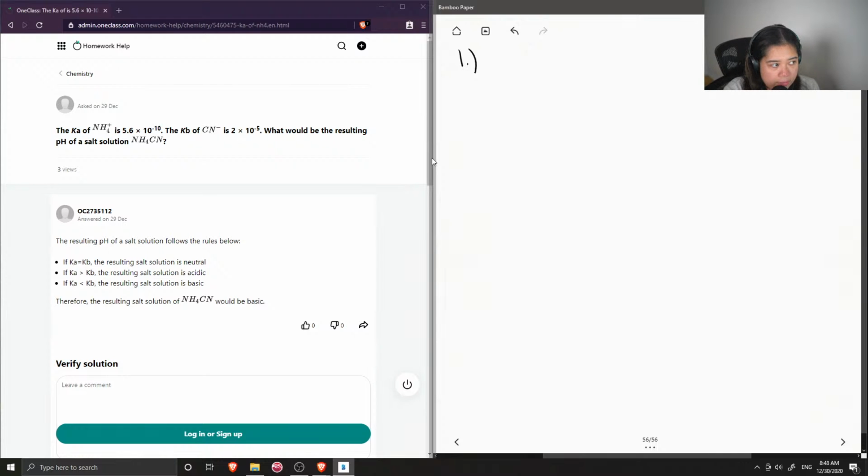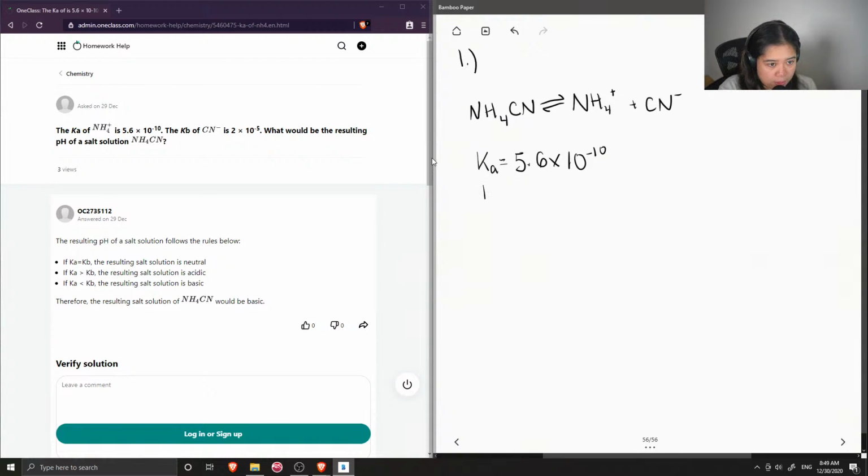So I'll show the reaction of an ammonium plus and CN minus. And we pretty much just need to compare the Ka and the Kb values. So the Ka is 5.6 times 10 to the negative 10.